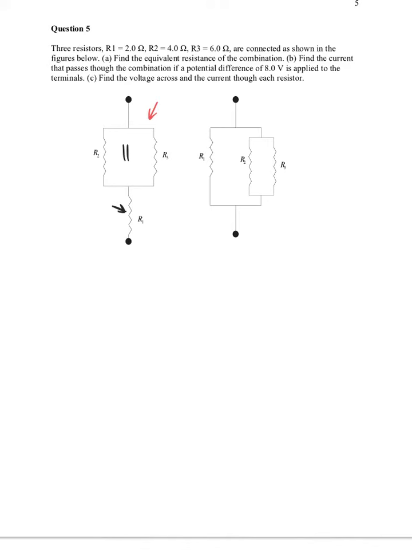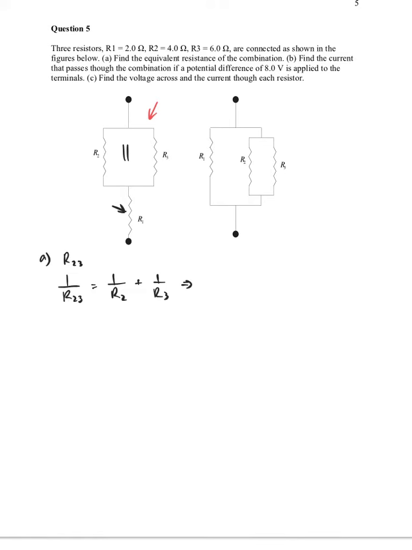Let's look at the parallel combination of R2 and R3. I'm going to call that R23. Because they're in parallel, 1 over R23 is equal to 1 over R2 plus 1 over R3.